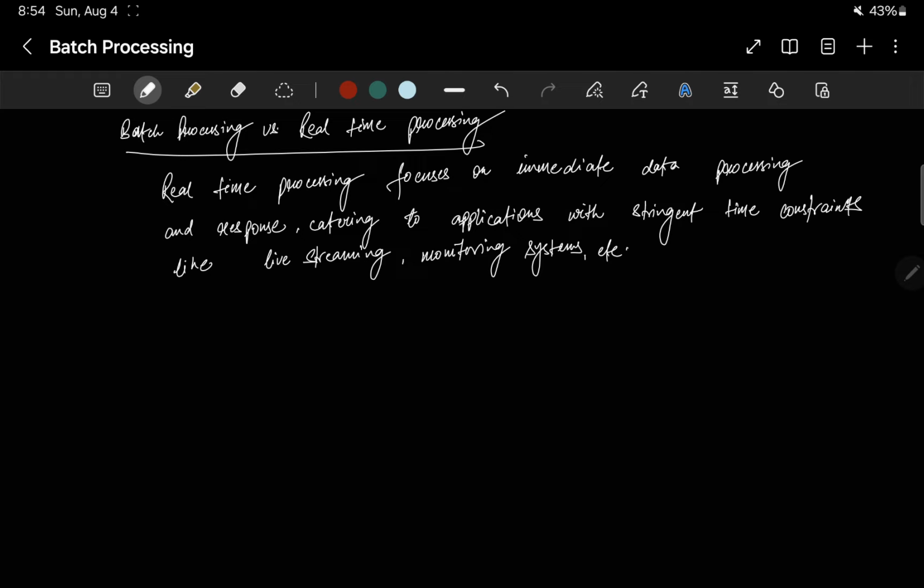So real-time processing is generally good for the times when you need real-time data processing.